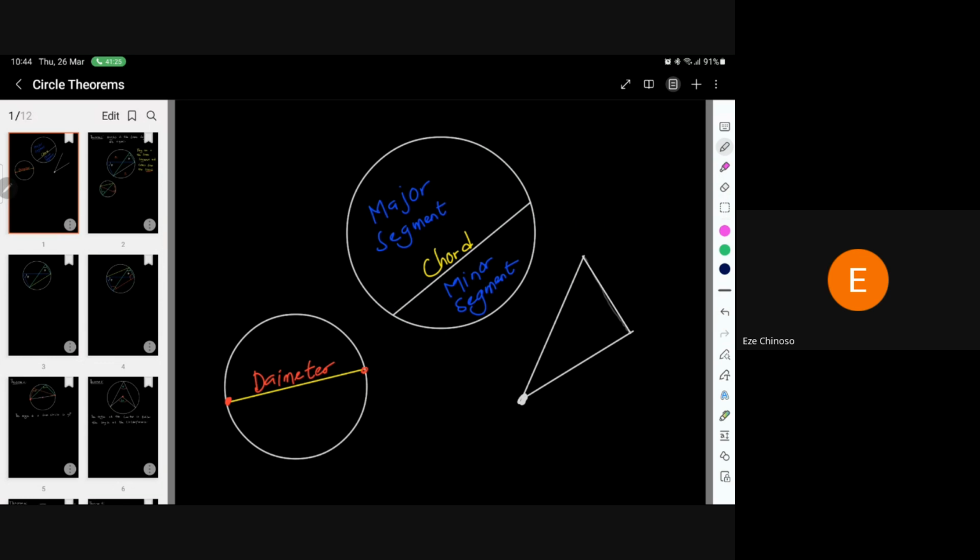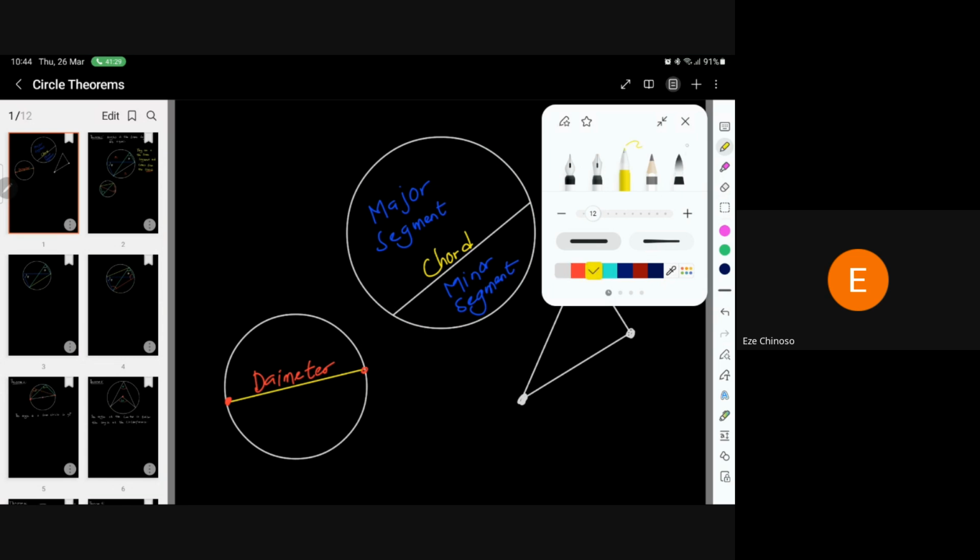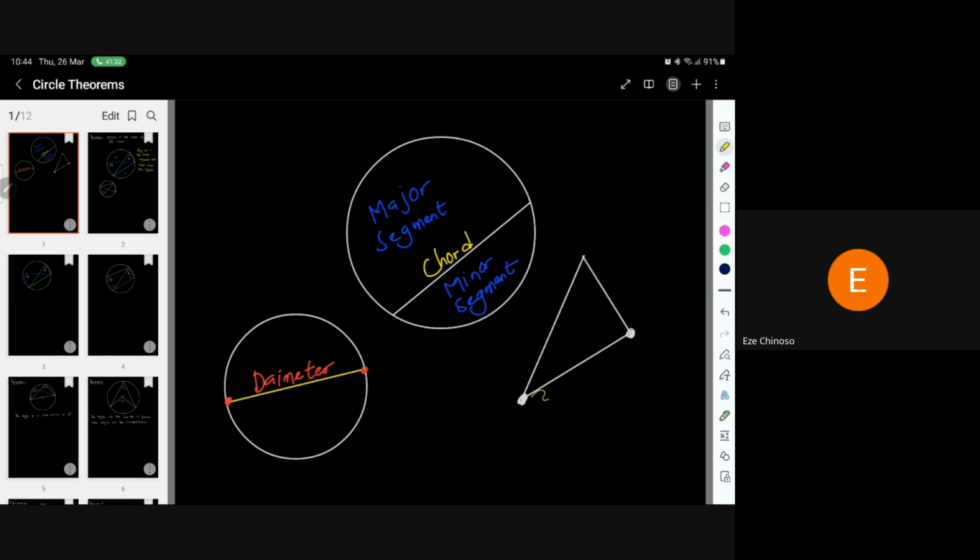That is why the chord is central. It can also point downwards, but at every point in time, it's going to come from the edges of the chord. This will come through here, and this will come through here. So always pay attention to that. Whether the chord is at the center or at any point on the circle, for an angle to be formed in a circle, it must run through the edges of the chord.